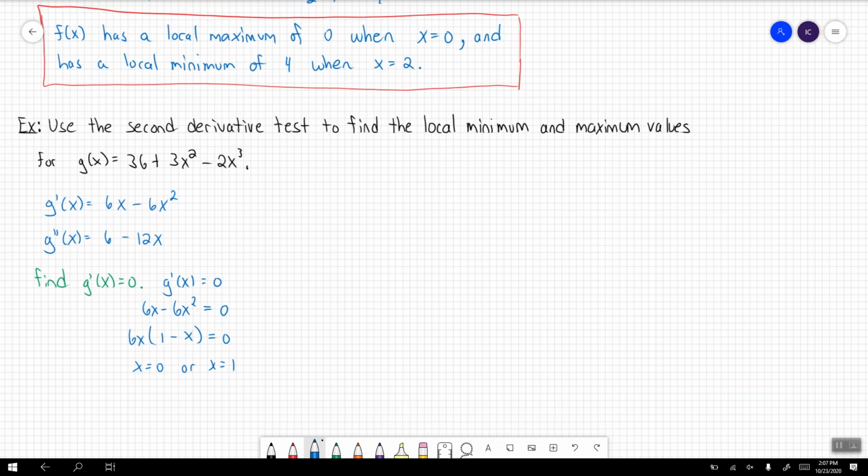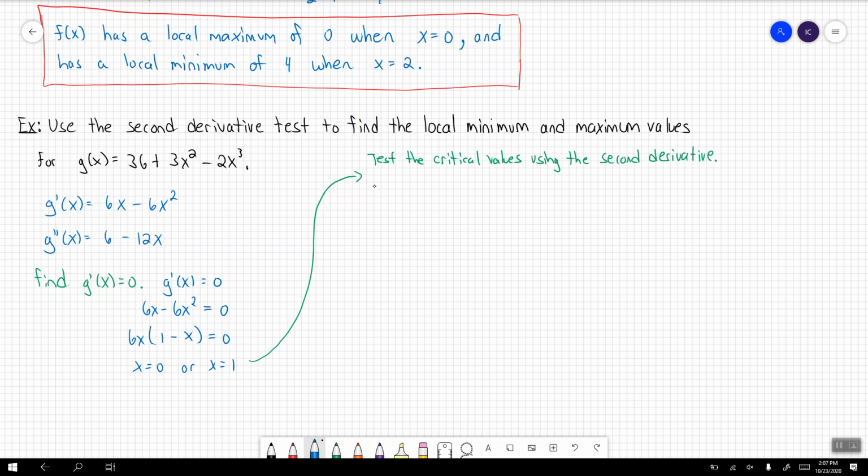All right, so now that we have our values, we're going to go ahead and test them on our second derivative. I'm just going to write here: test the values using the second derivative. Great.